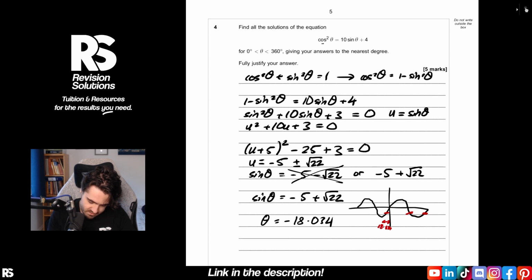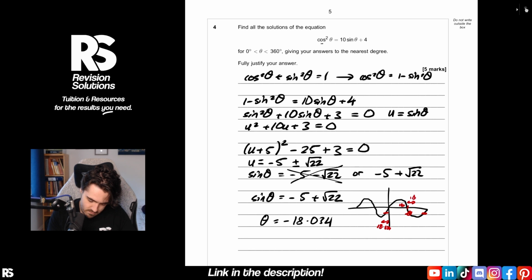So we can find this solution over here by just adding 18.034 onto the 180 mark. So that would give us 198.03, or to the nearest degree, just 198 degrees.